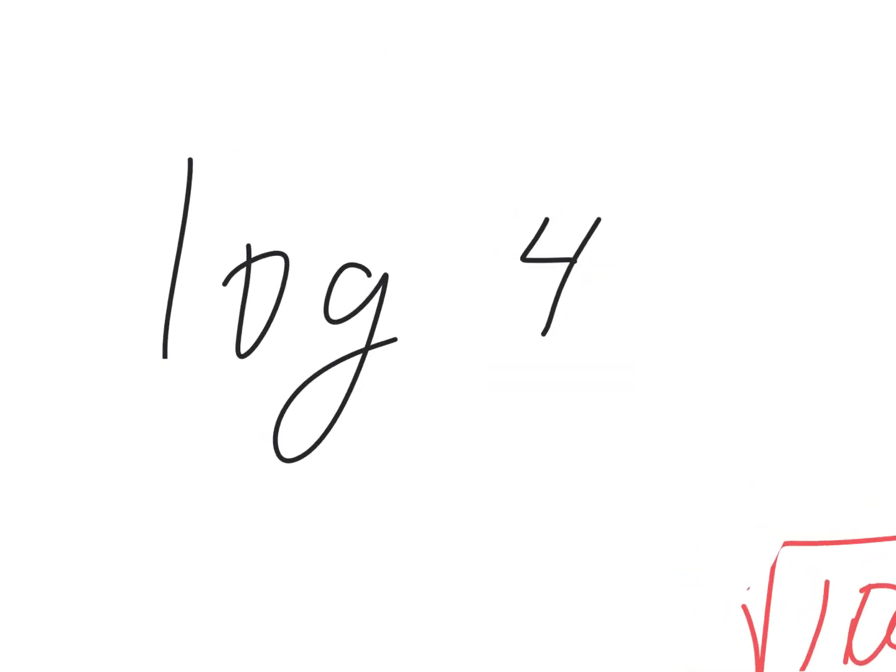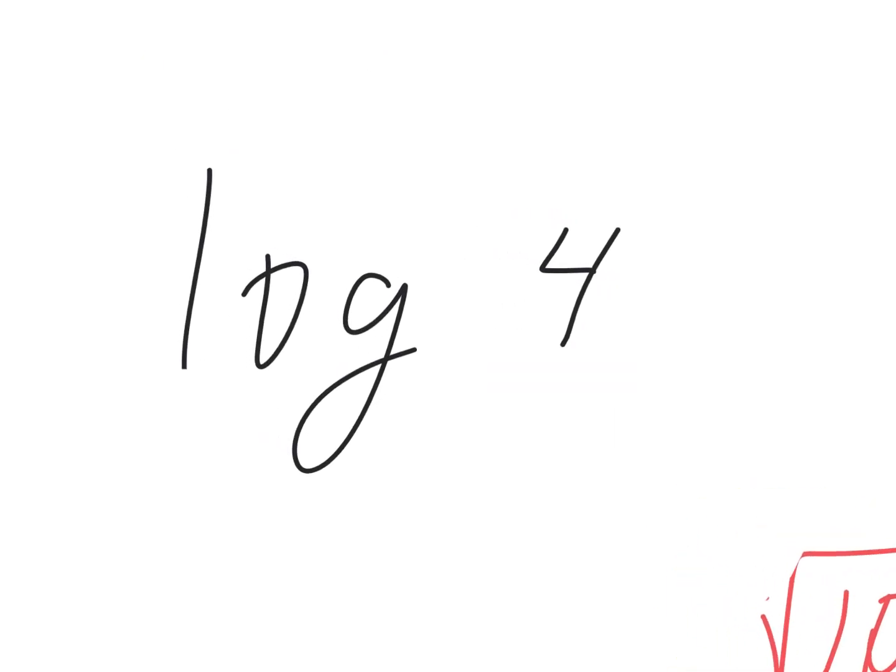Same thing here. It's the most common base you could have, which is 10. If there is no base, then the answer will be all about the base. I've seen this on so many ACT tests and so many pre-calc tests. When we give you a log and there is no base, you've got to figure out what the base is, and you will use that to solve the problem.